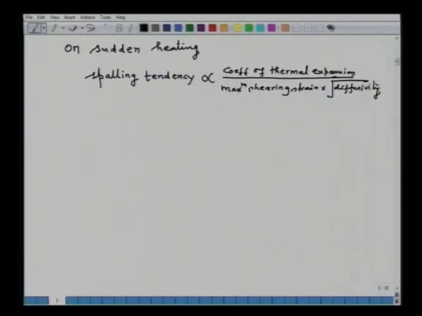Mind you, the spalling is a very important property, and in this connection, carbon, silicon carbide, graphite, high Al2O3, they have excellent spalling resistance.